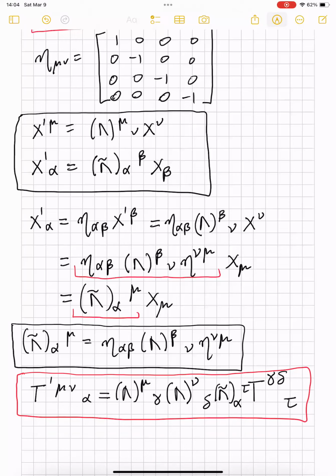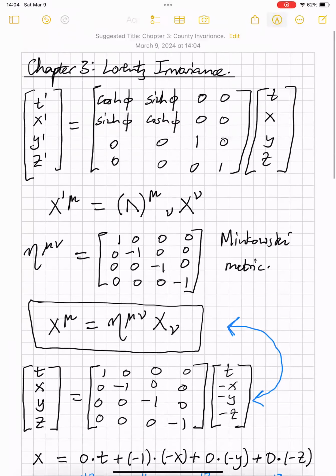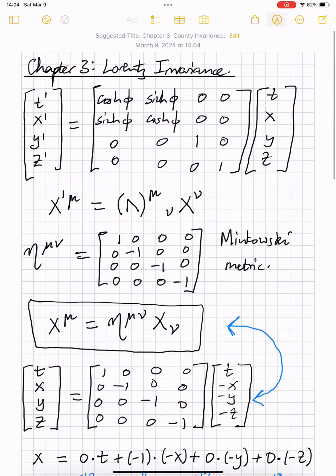That means under any rotation or any boost or any combination of rotations and boosts, any sequence of rotations and boosts. And we know things extremely explicitly. So lambda, well, here is lambda. The first thing that we wrote down was lambda. So we know this matrix corresponding to a boost along the x-axis is the matrix elements of lambda. You could write a boost along any direction, or you could have written a rotation.